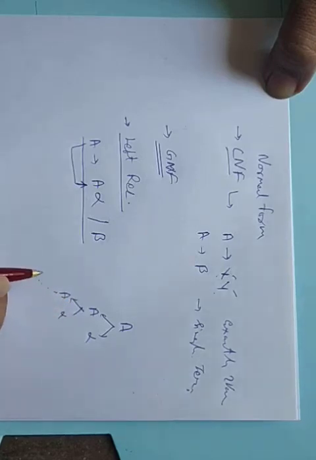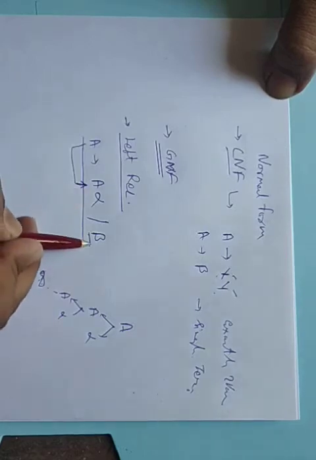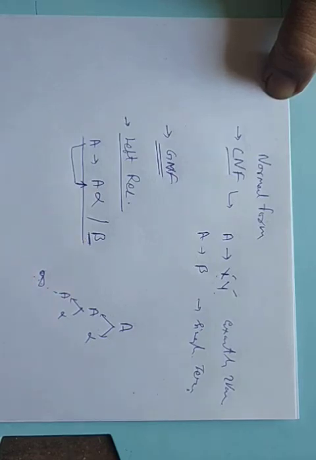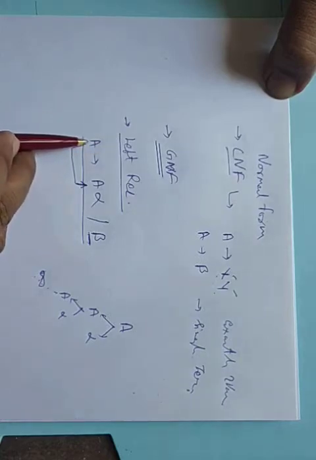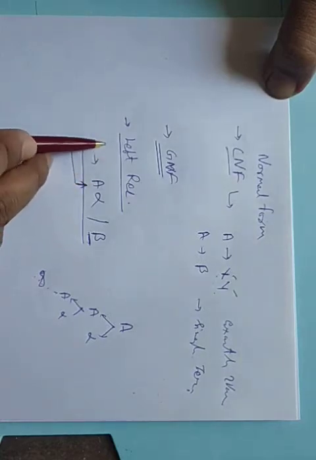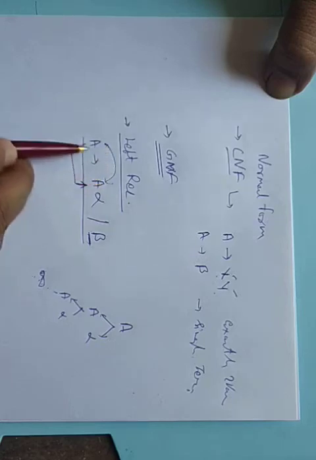In such a way I can move A up to infinity, until I put this beta. That is known as left recursion, where there is a possibility that A will move into an infinite loop.